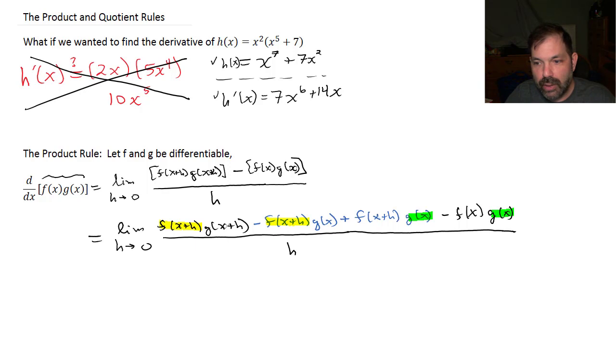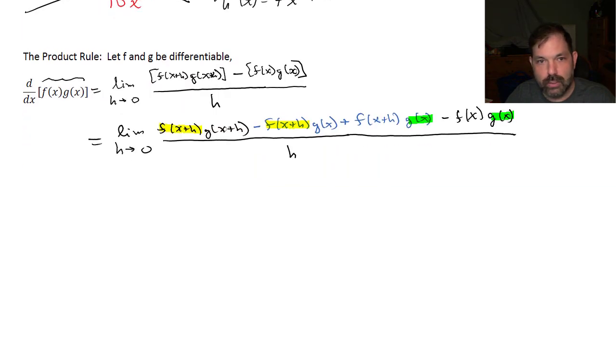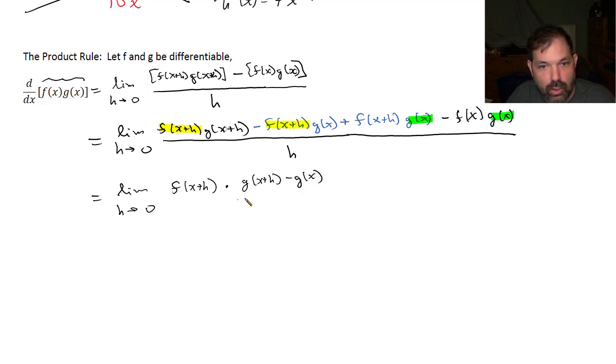So using some factoring, I can rewrite this as the limit as h approaches 0 of f of x plus h times g of x plus h minus g of x over h.